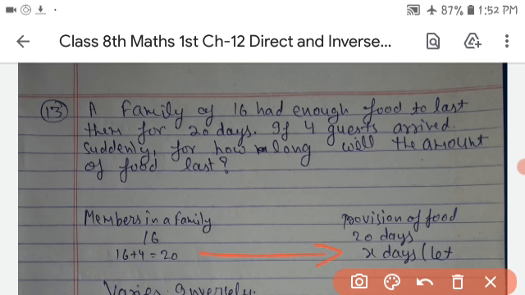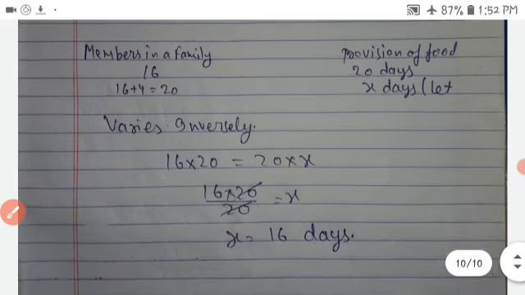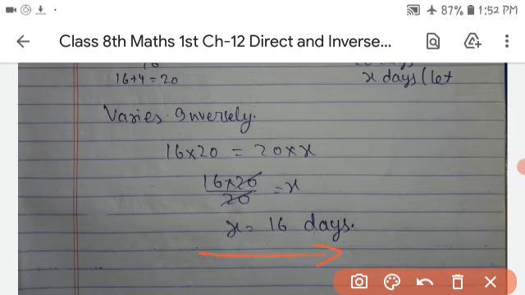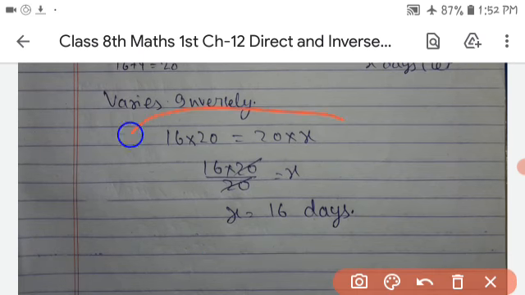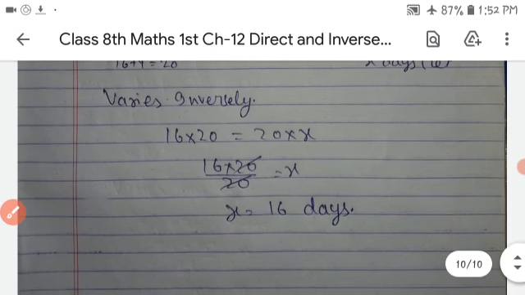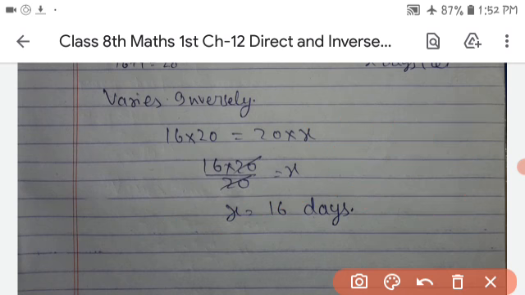Suppose it lasts x days. This varies inversely. So 16 into 20 is equal to 20 into x. Now x is equal to 16 into 20 upon 20. The 20s cancel. So the answer is x equal to 16 days.